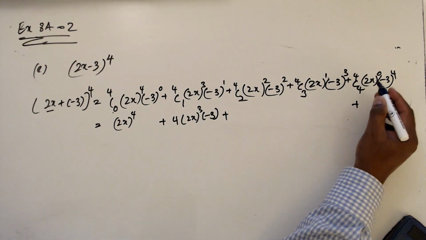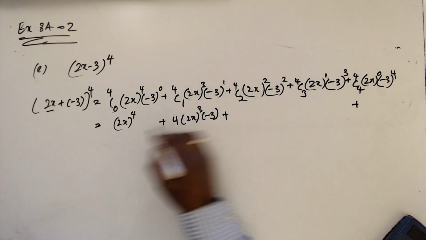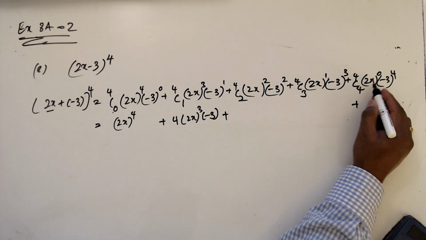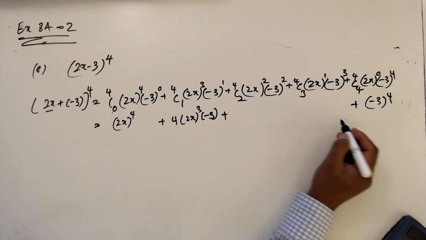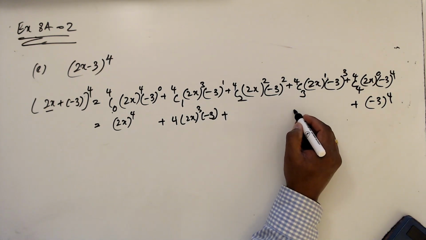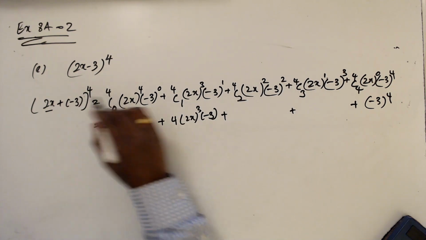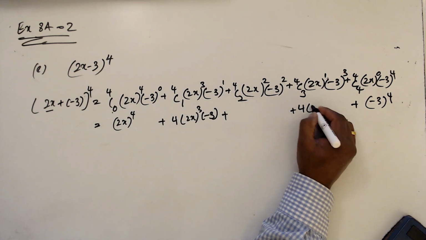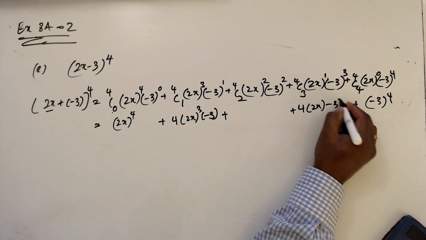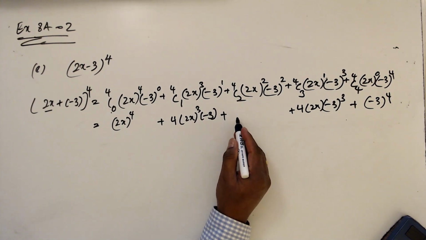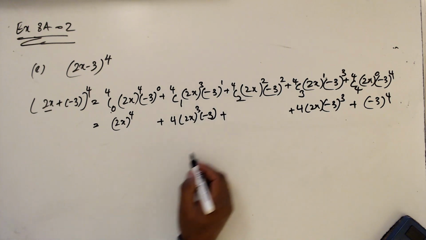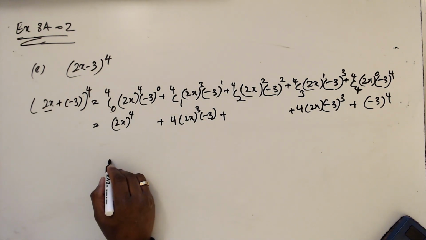And the last one also we have 1. So this is 2x to the 0 is 1 times minus 3 to the power 4. The one before last is also matched with this value, 4 times 2x times minus 3 cubed. And this is the only value we don't know, 4C2. We worked out last time 4C2 is 6.